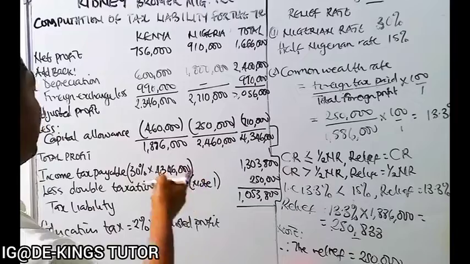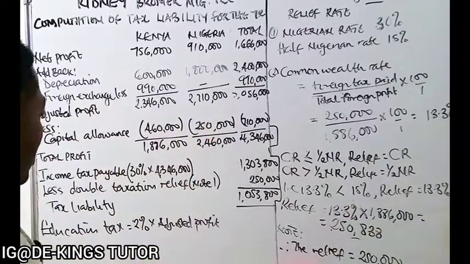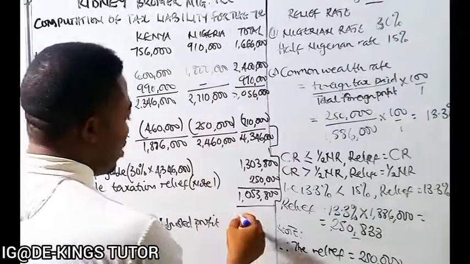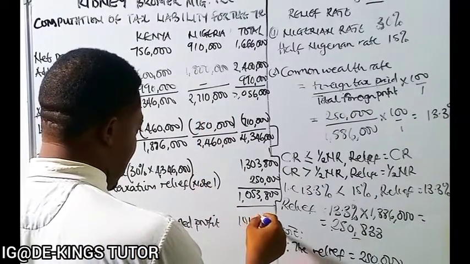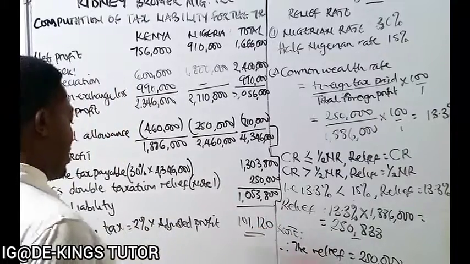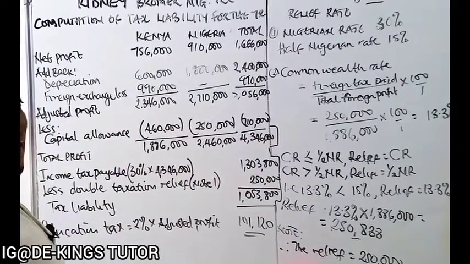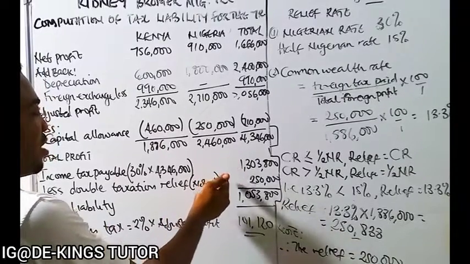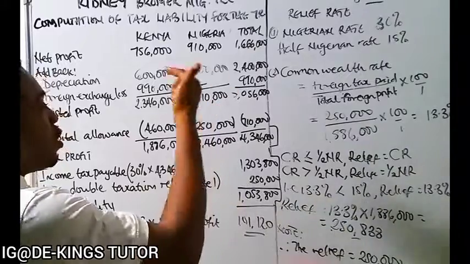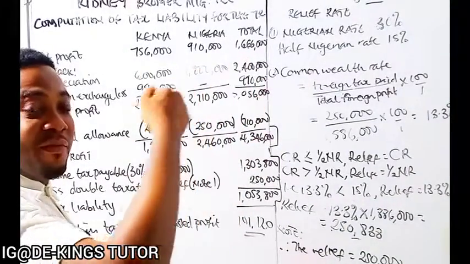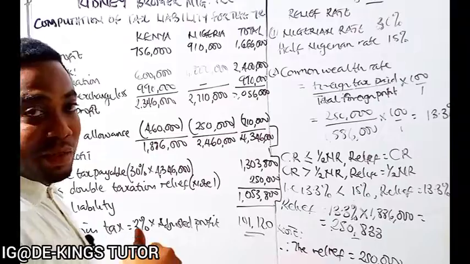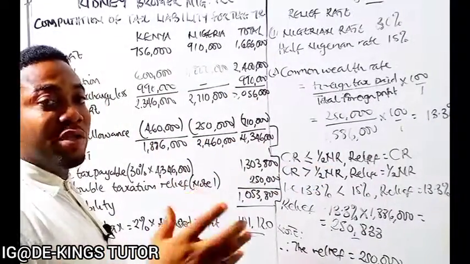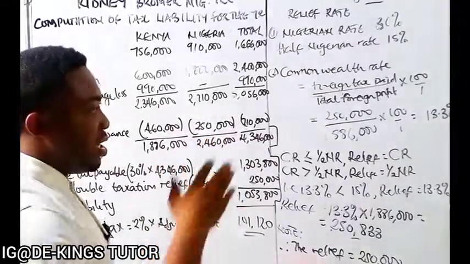Not on the total profit, but on the adjusted profit, we will pay the education tax. So 2% on the adjusted profit should give us 1,120. So that is the education tax. But the main essence of the question is the tax liability, which was supposed to be this. There's a relief given because income was derived from another country, where tax has already been paid on that income. Because there's a Commonwealth treaty between Kenya and Nigeria, we did that.